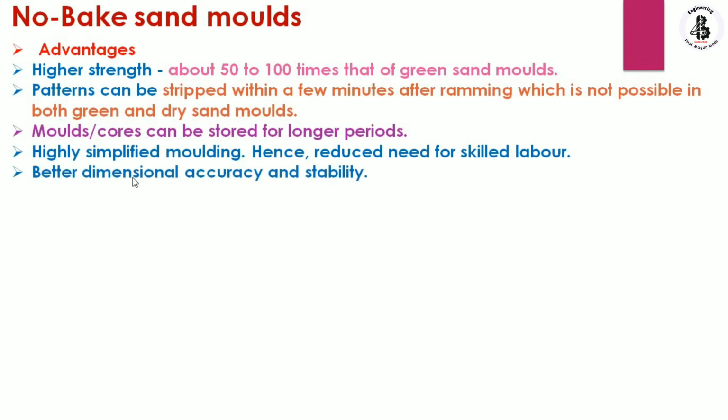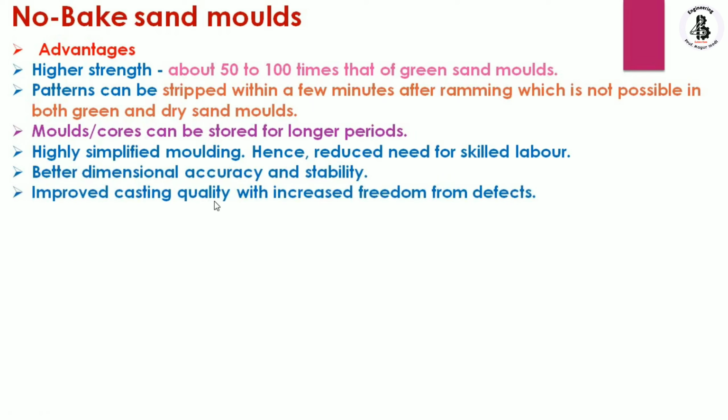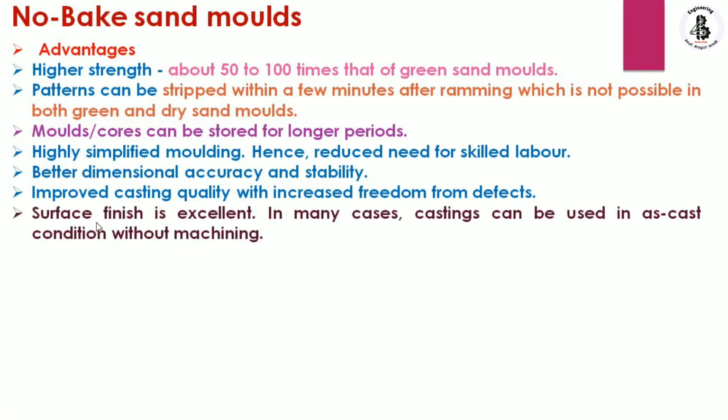Better dimensional accuracy and stability, which is a requirement of any casting process. Improved casting quality with increased freedom from defects. Surface finish is excellent. In many cases, the castings can be used in as-cast condition without machining. So there is a removal, or you can say reduction, of the secondary operations that are performed after the solidification process.